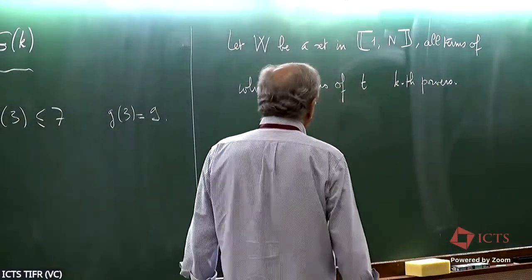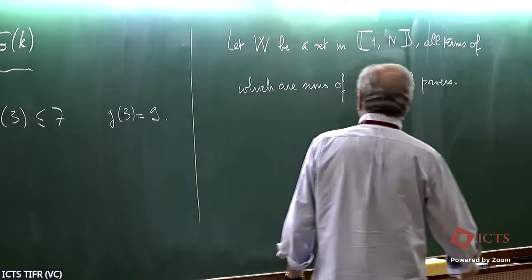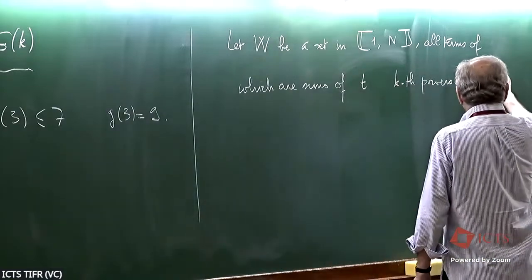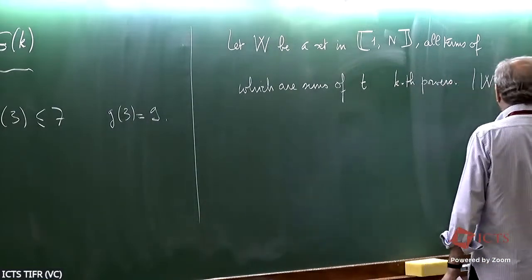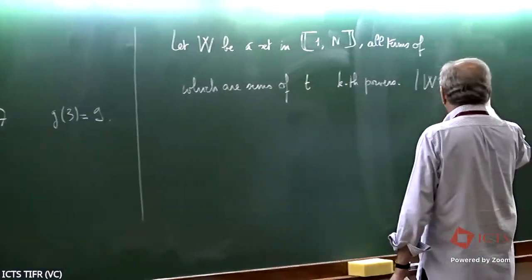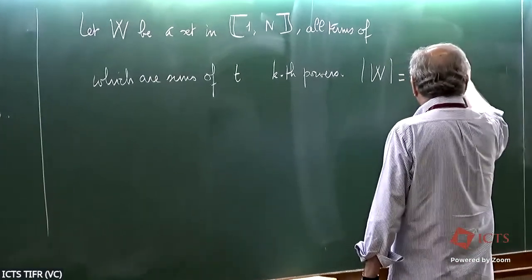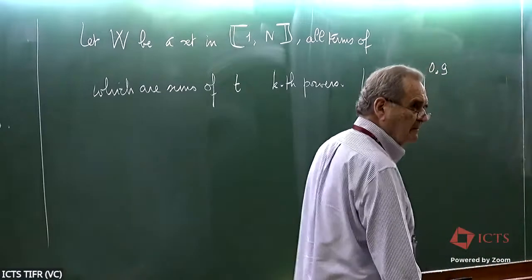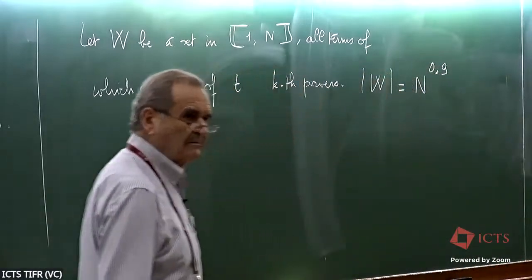And you know something about W. W is rather large. Let us say the size of W, W of n, is n to the, I don't know, 0.9. Assume you have something like this.